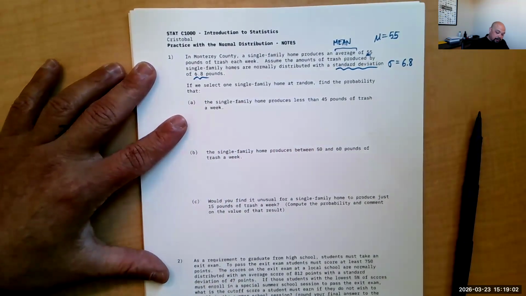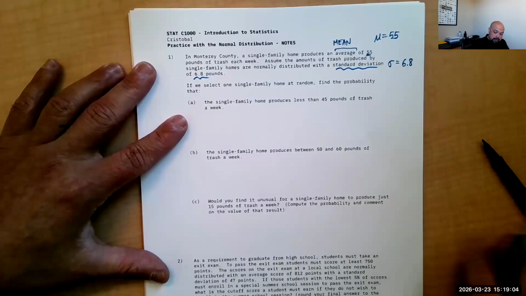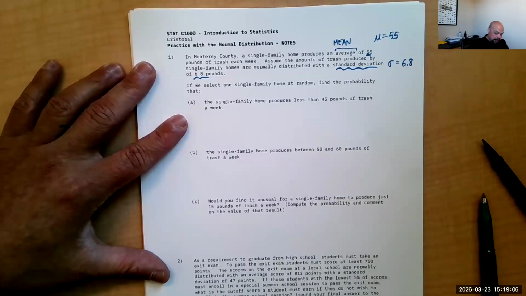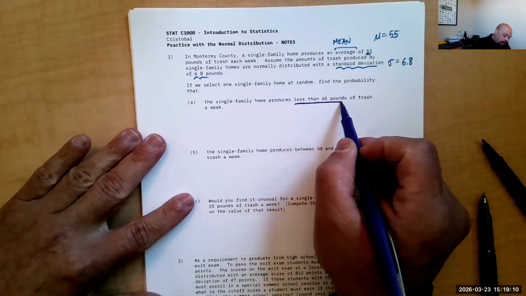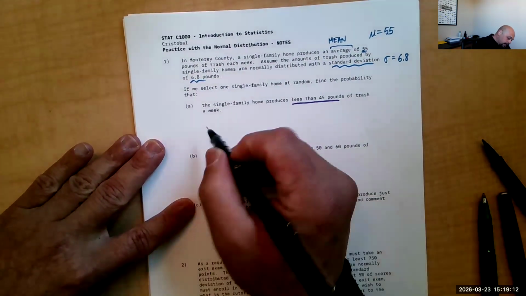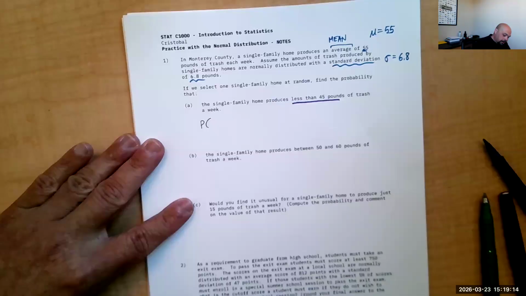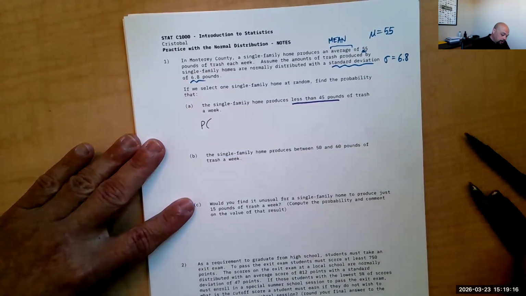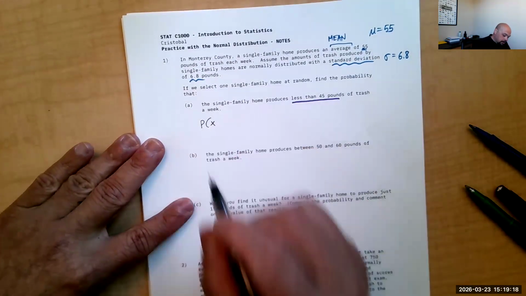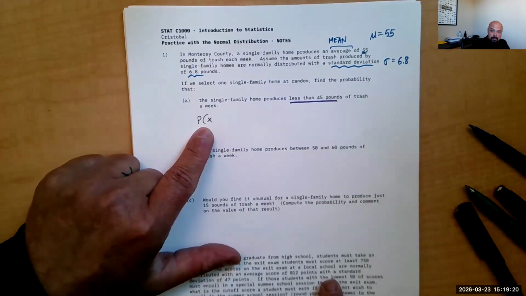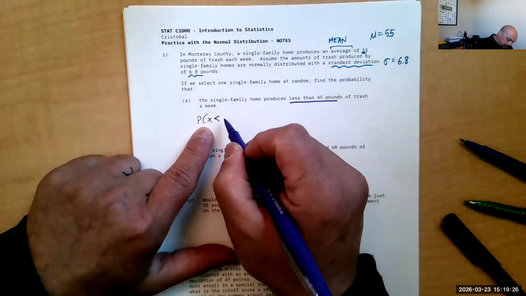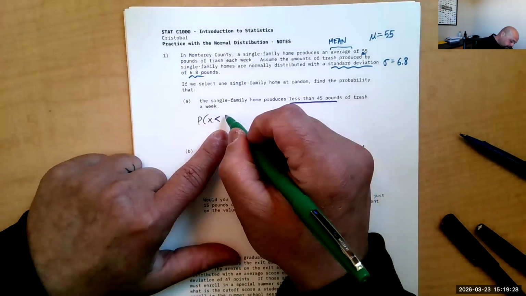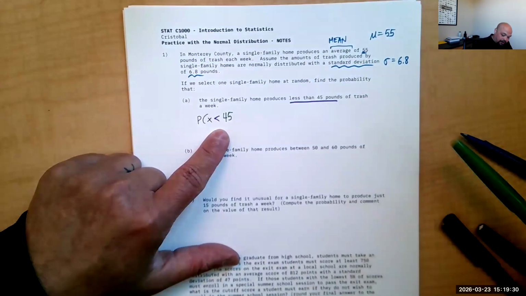So we're saying, find the probability that our X value, the amount of trash this home produces, is less than 45 pounds.